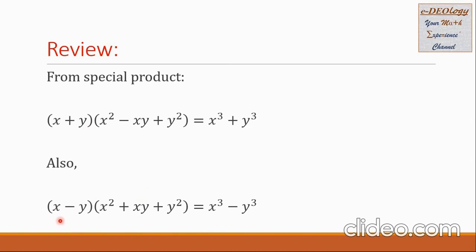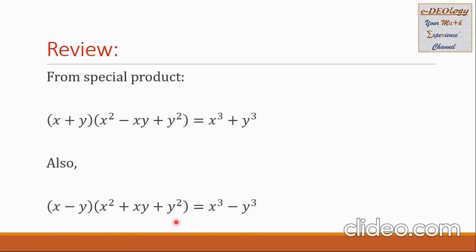The binomial factor is related to our product. The first term x is placed on the product and with power 3. And then minus. Take note that our sign here is the same as our sign in our product. Followed by the y is placed here and then with power 3.